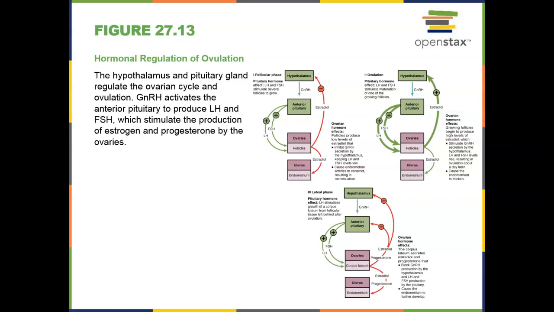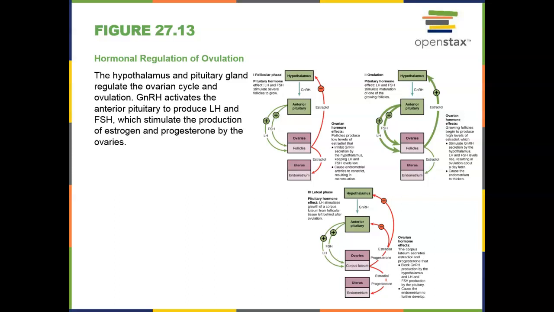They start secreting higher levels of estrogen. This increased level of estrogen stimulates the hypothalamus to secrete gonadotropin releasing hormone. So low levels inhibit, but high levels activate. That stimulates the anterior pituitary to secrete high levels of follicle stimulating and luteinizing hormone.